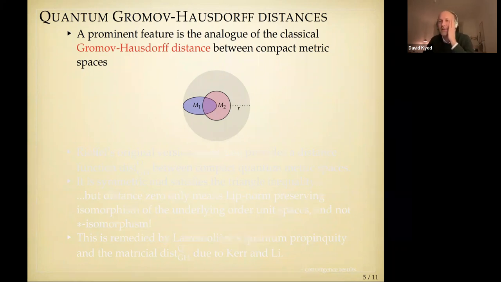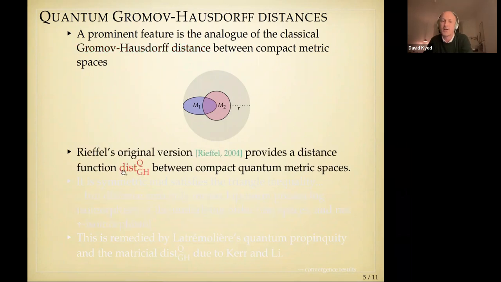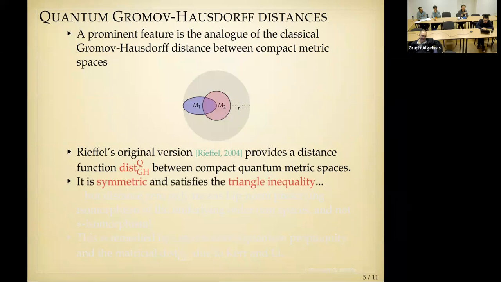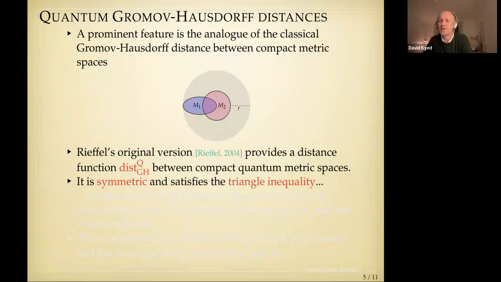Now, you can imagine that isometric embeddings can be dualized to the C-star algebra level, and this way you get a natural candidate for what could be called a quantum Gromov-Hausdorff distance between compact quantum metric spaces. Rieffel worked this out back in 2004, and there's quite a bit of work involved in it, but when the dust settles, you will have a symmetric distance function which satisfies the triangle inequality.